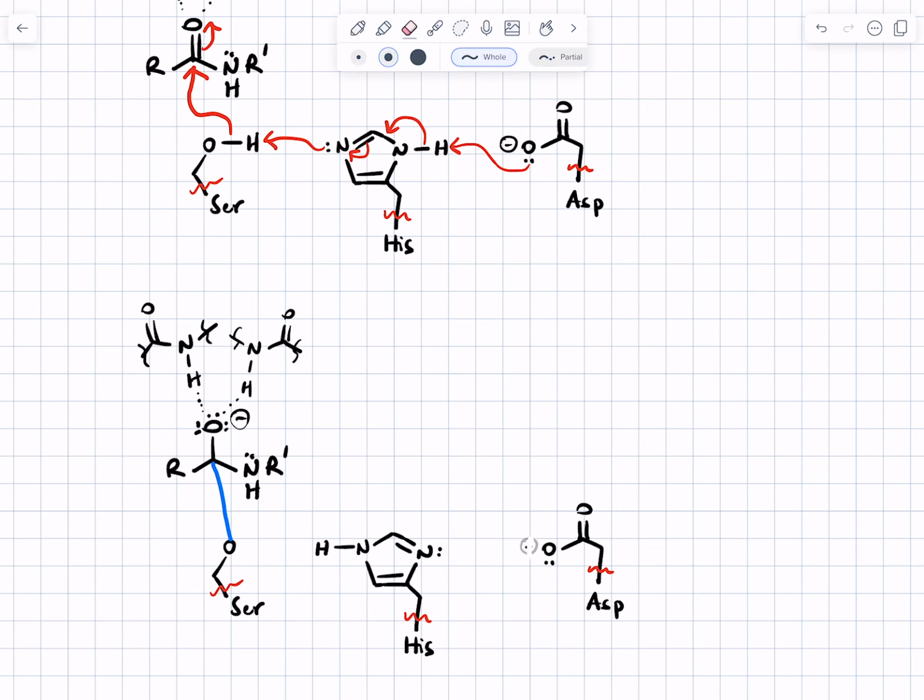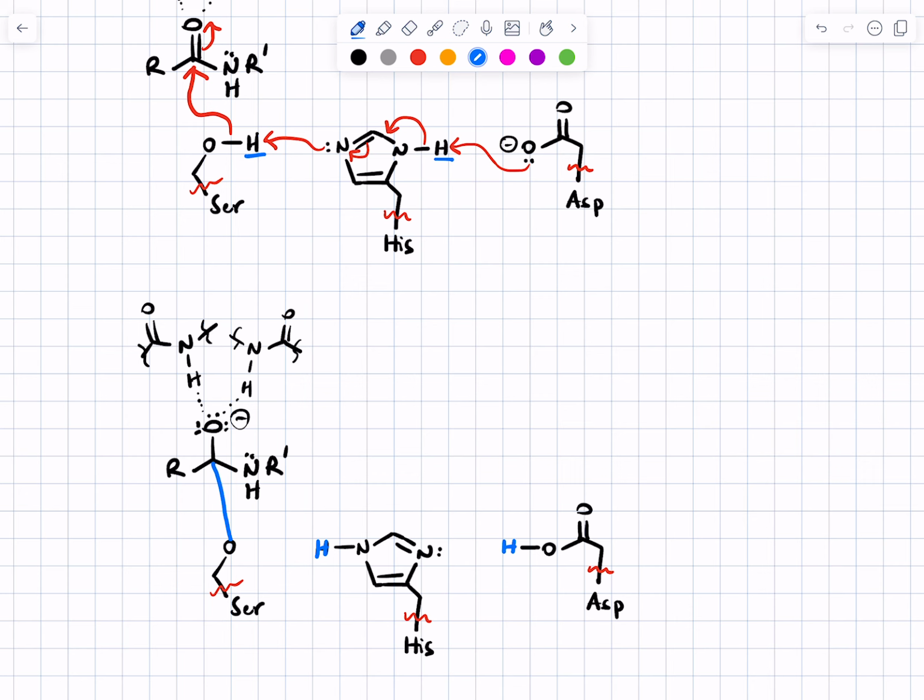And the proton from histidine is now attached to aspartate. And I'll draw that proton in blue as well. Okay, so that proton moved over, that proton moved over.